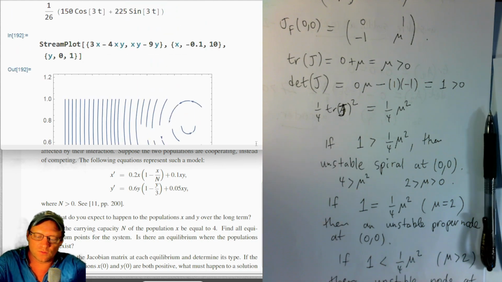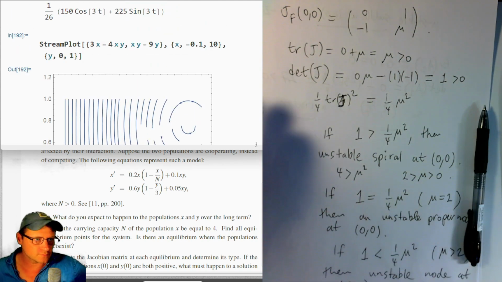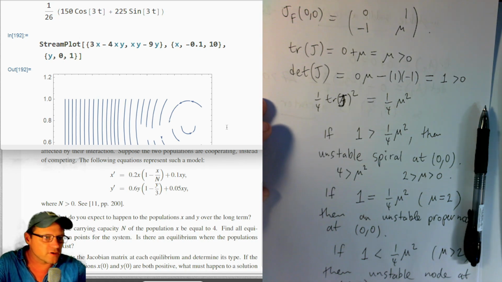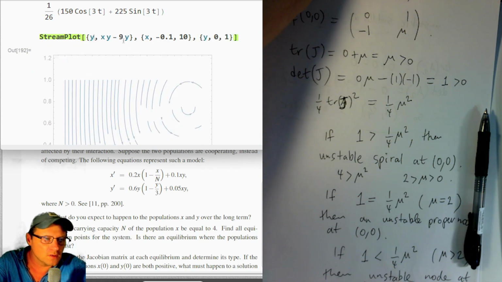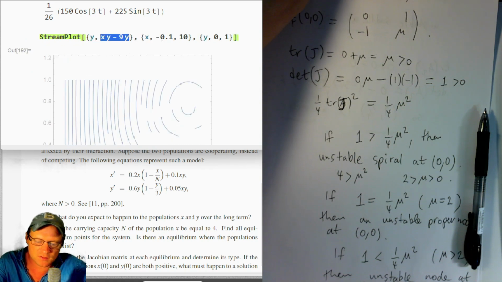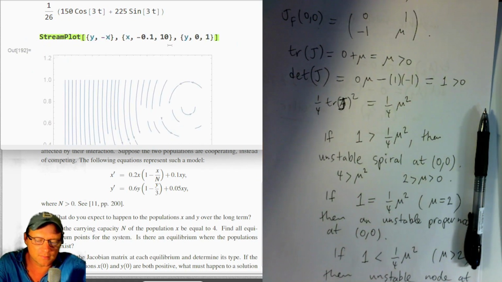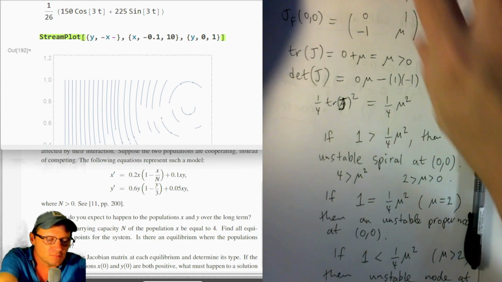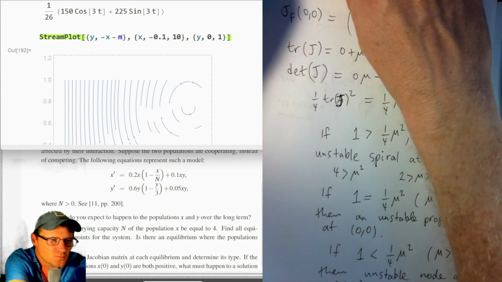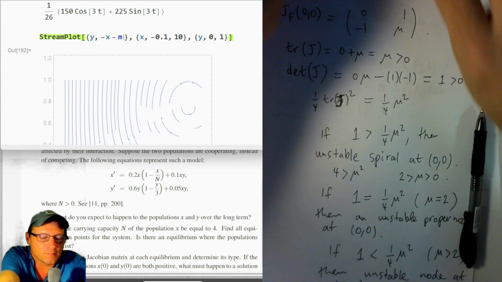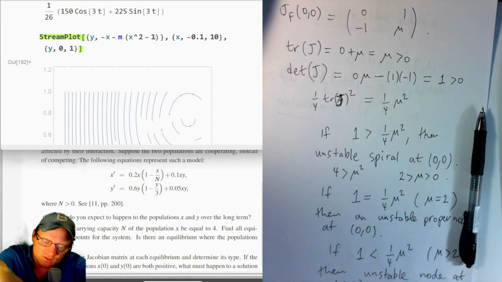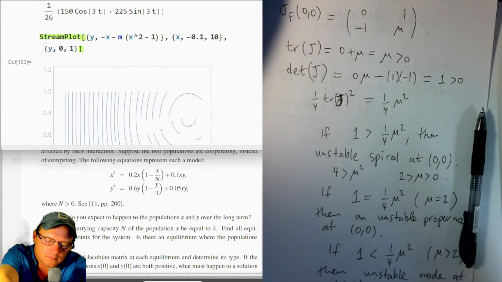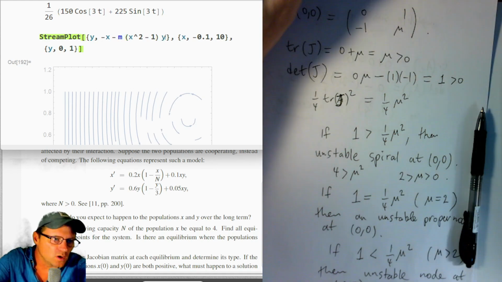Okay, so we need to put in, so we've got x dash is y, and y dash is minus x minus mu. I'll just write m for mu instead. In brackets, x squared minus 1 times y.